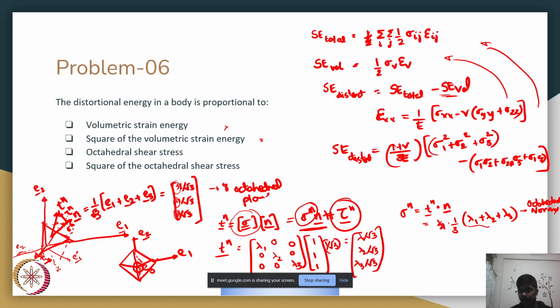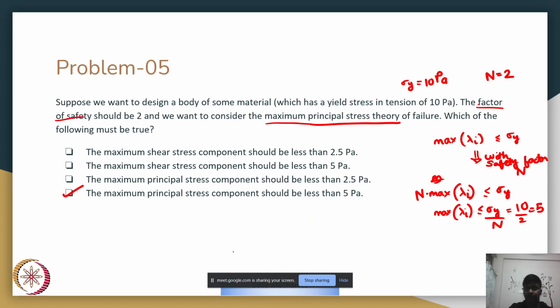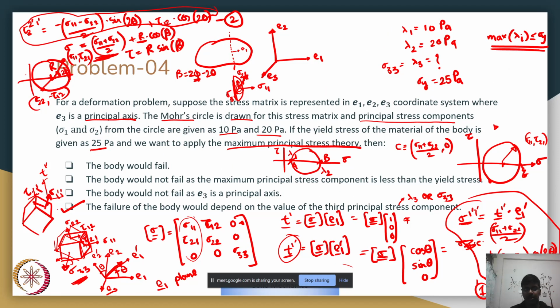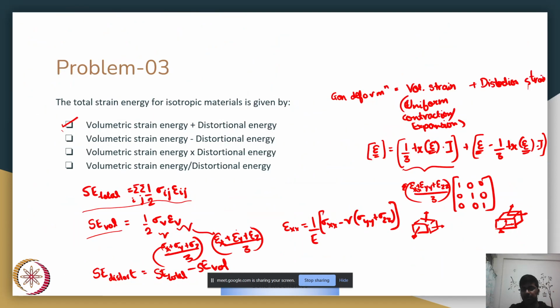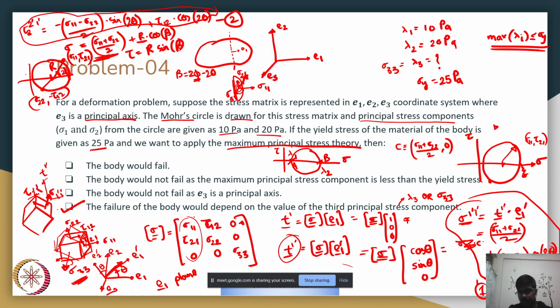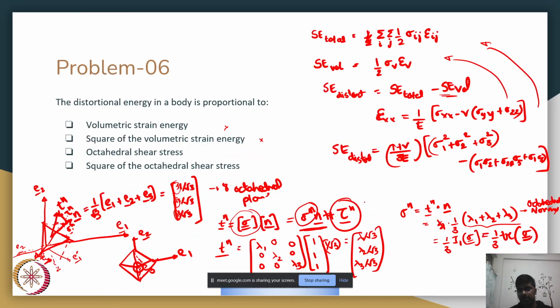And this is also the first stress invariant, 1 by 3 times I1 of sigma, which is nothing but 1 by 3 times the trace of our sigma matrix. Here it is diagonal, but in general, as we saw earlier, it can be sigma xx plus sigma yy plus sigma zz, with tau xy, tau xz terms off the diagonal.